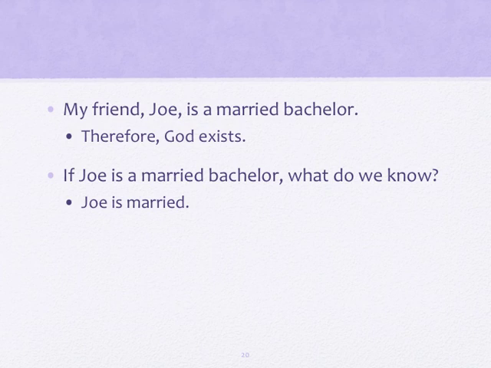That logical step should sit okay with you. Okay, here's another step that works in terms of the logic, but it might not be obvious on its face. So it turns out that if Joe is married, the following statement must be true: that Joe is married or God exists. Now you might think that's a bit strange, but if you think about what or means, it's not strange at all.